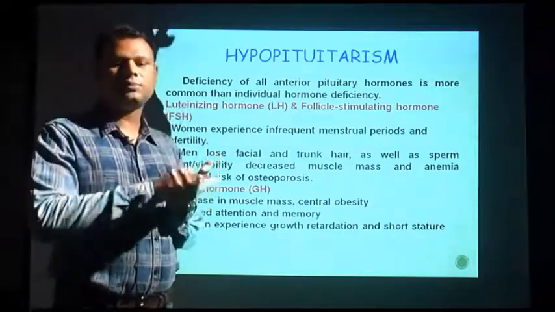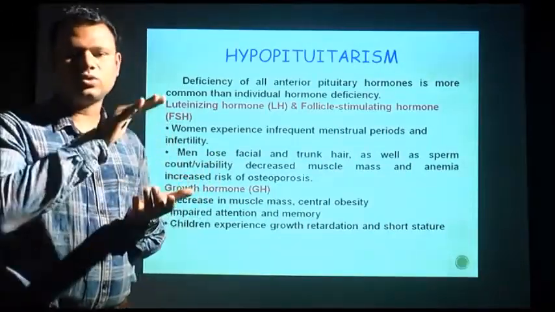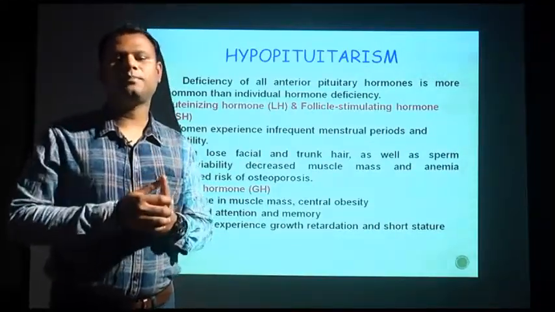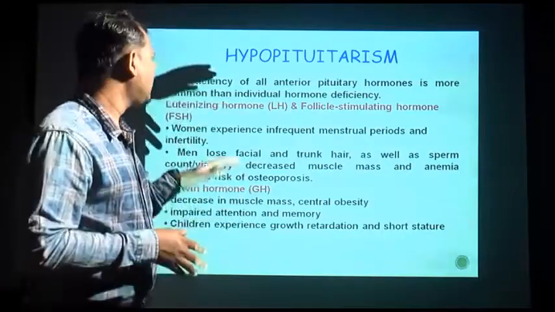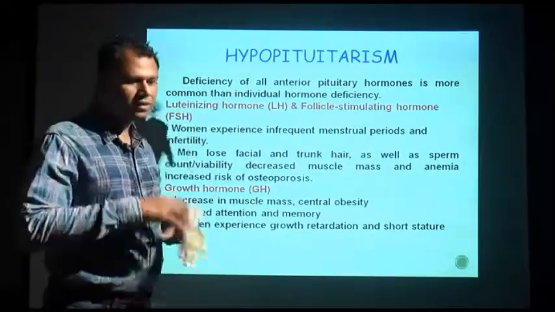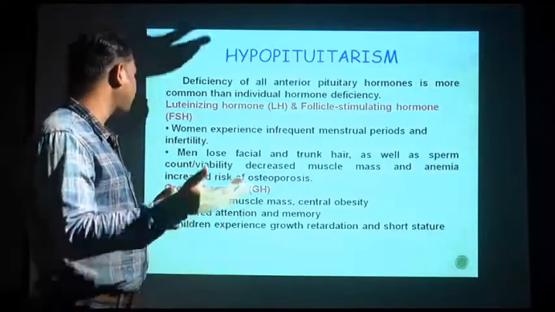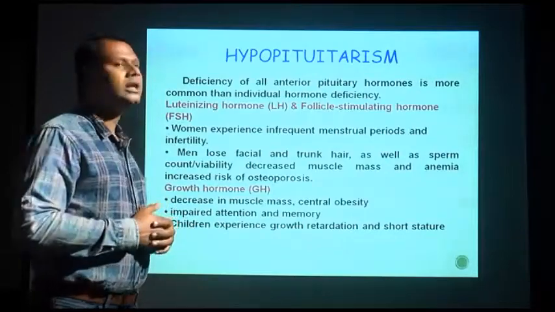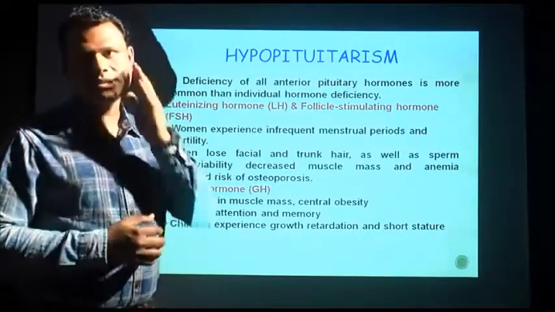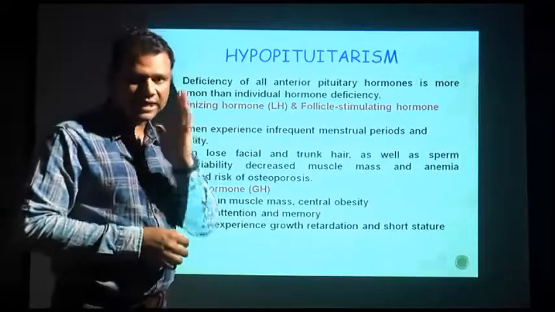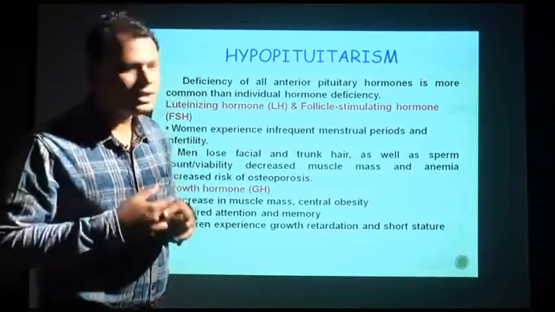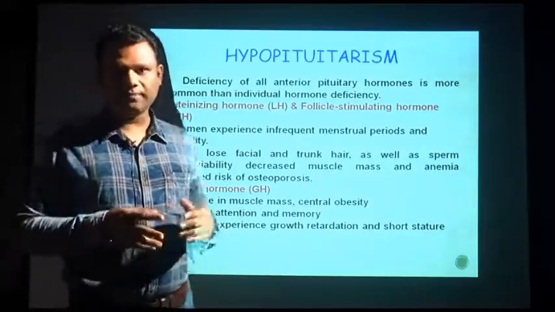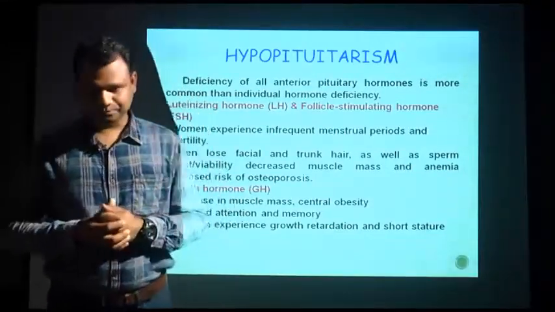If their secretion goes down, it results in an infrequent menstrual cycle, meaning the periods are not regulated properly, which can lead to further secondary complications. In a similar way, men will lose facial hair, one of the marks of secondary sexual characters, so the mustache and beard will not come. The sperm count will also decrease, which ultimately leads to infertility.